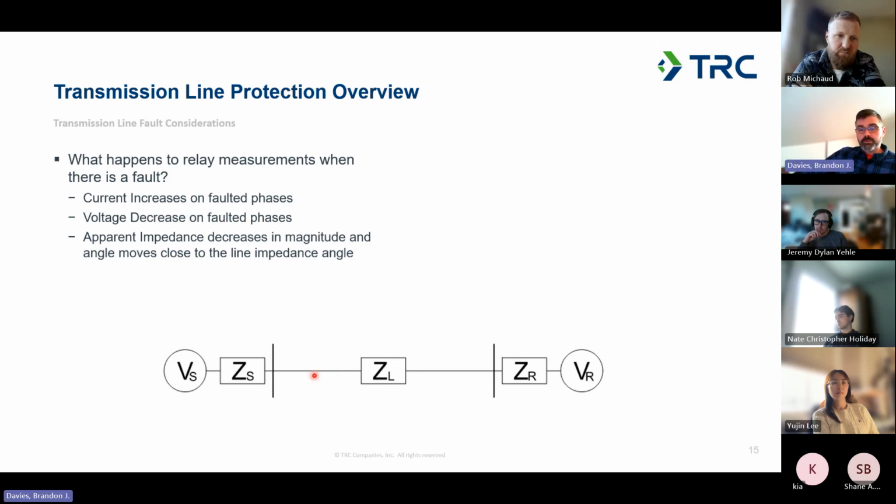It's also going to change the current from a normal power flow to a much higher magnitude, because instead of being based on the overall system and the transfer of power from the sending to the receiving end over this line, it's going to be based on the strength of the system behind the relay location, which would be located at each end of the line.